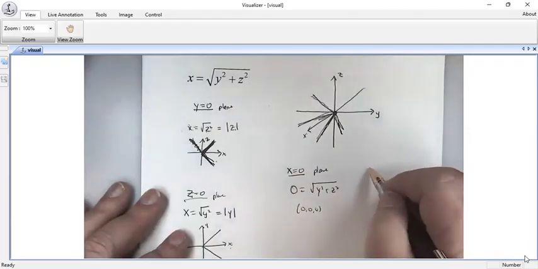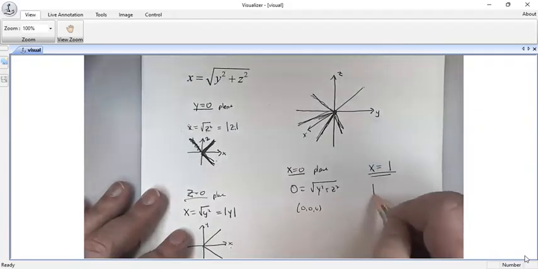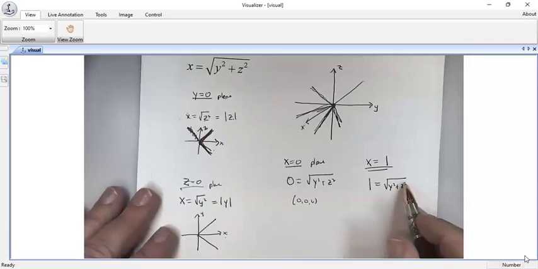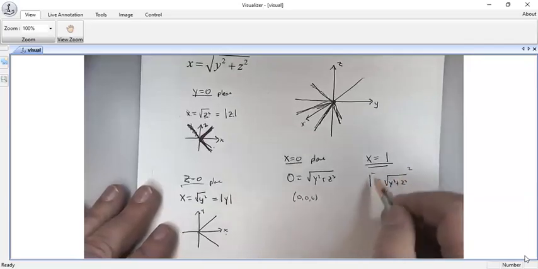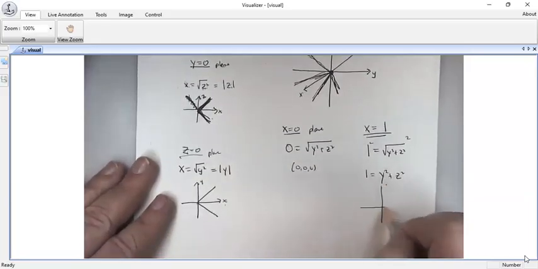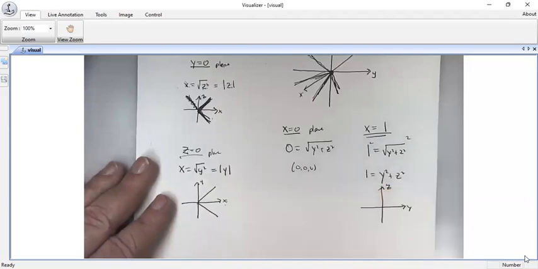But then I'm going to come over here and make x equal to 1. Something nice here. That would be 1 is equal to the square root of y squared plus z squared. You could square both sides. You get 1 is equal to y squared plus z squared. What is this an equation of? You should recognize it. In the zy plane, x squared plus y squared equals r squared.